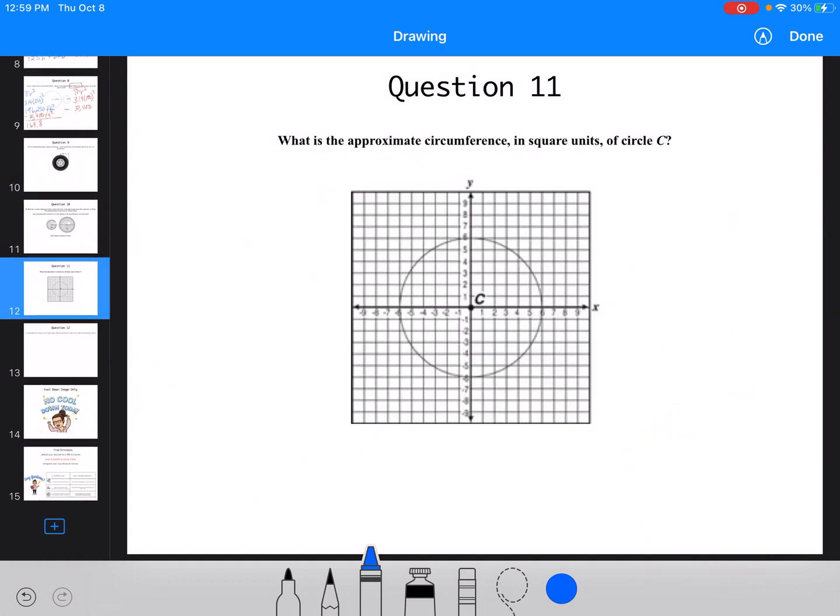All right, so now they want to know the circumference of that circle. So I'm going to use pi, C equals 2 pi r.